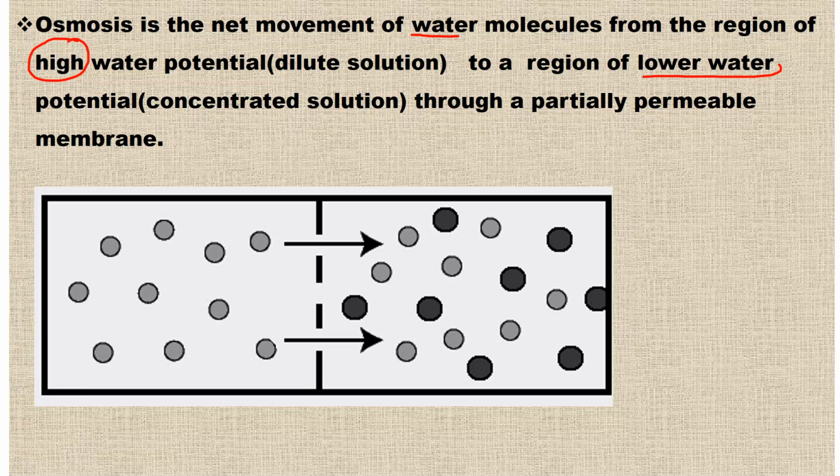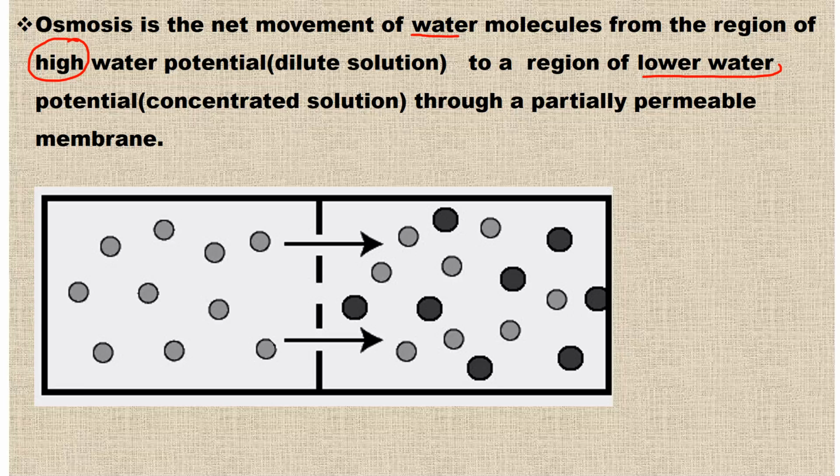Now, the one with high water potential is the dilute solution, and the one with lower water potential is the concentrated solution, and this occurs across or through the partially permeable membrane.